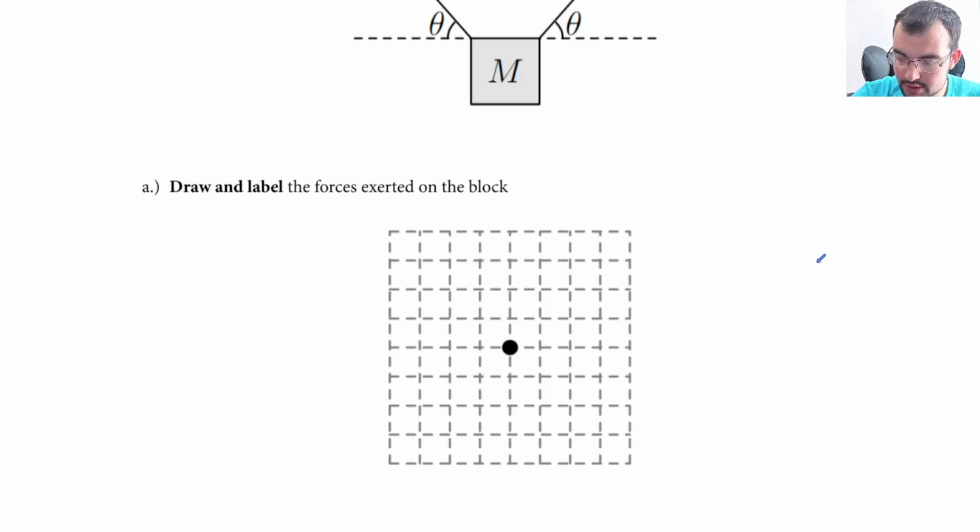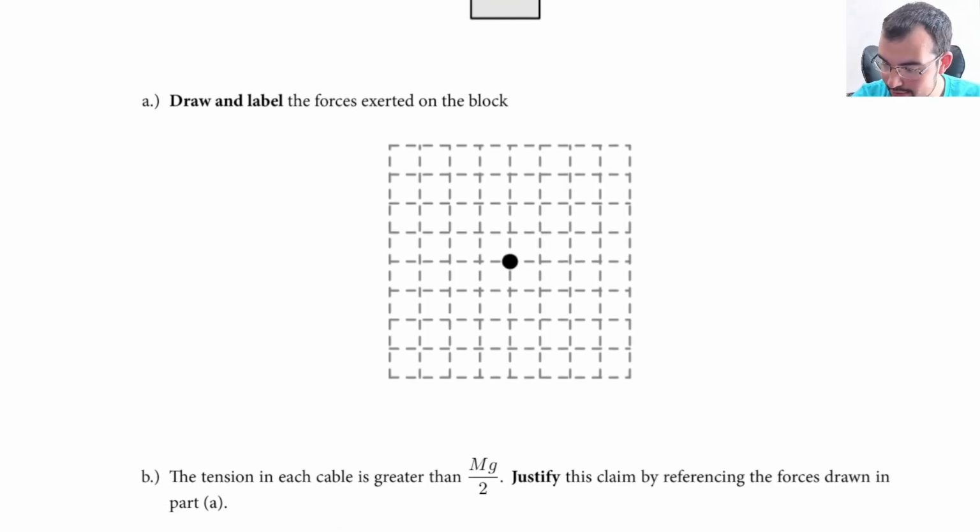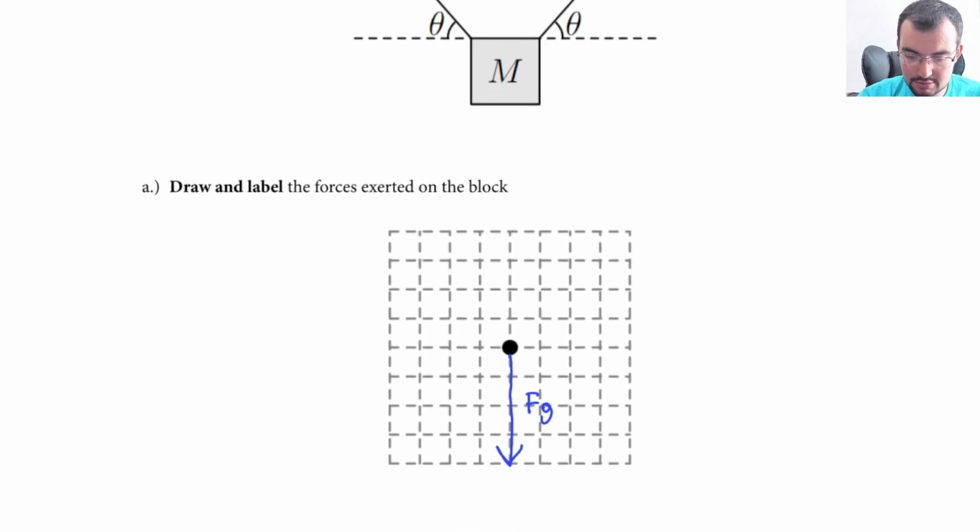So I'm just going to draw my weight. Just going to make it the whole thing. That's usually a good bet. And then the weight is being balanced by these two tensions. They are oriented at an angle. Doesn't matter what the angle is, we're just going to mirror them.